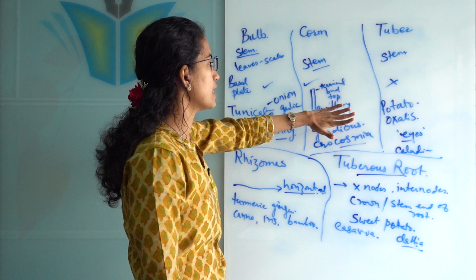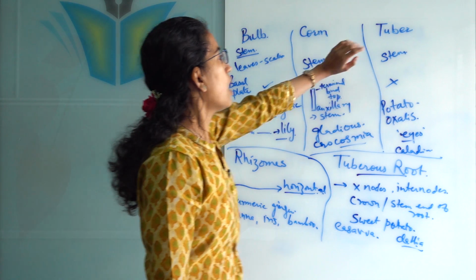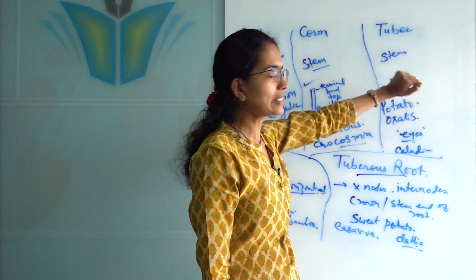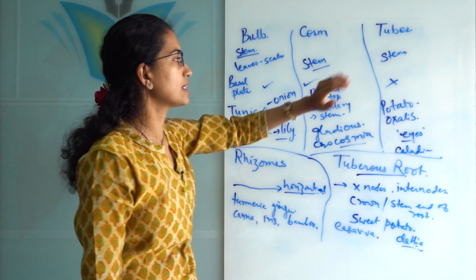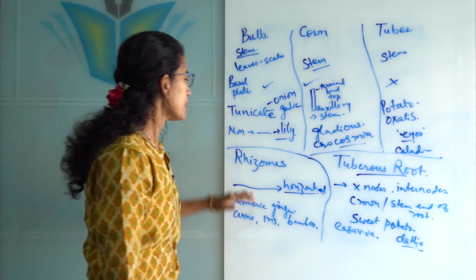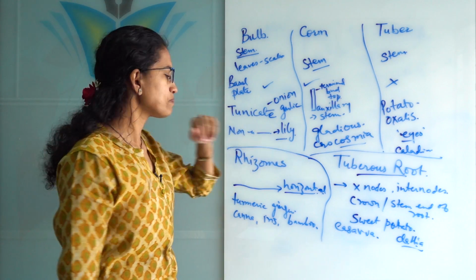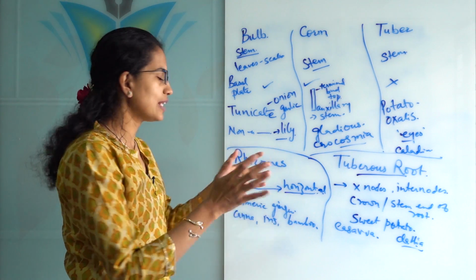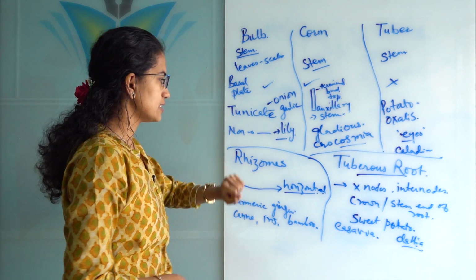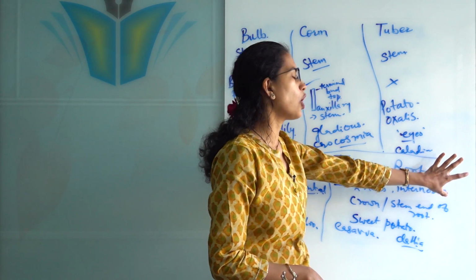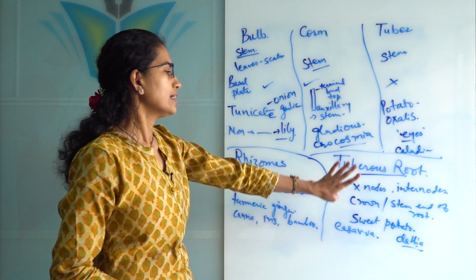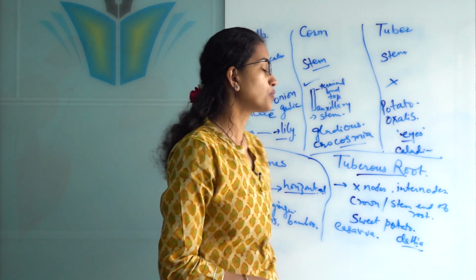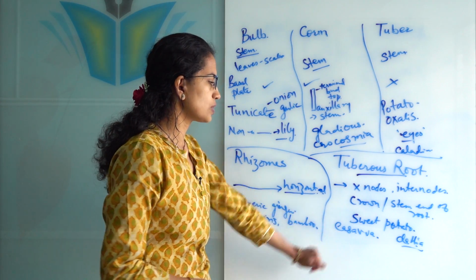They have a terminal bud on the top and axillary buds. Axillary buds develop as a stem. Tuber is again a modified stem but does not have a basal plate. It does have eyes, for example potato. Rhizomes move laterally, they move horizontally, and they have lateral and adventitious roots. Turmeric and ginger are the examples. Tuberous roots do not have nodes and internodes, and they have buds only either at the crown or the stem end of the root. Good examples are sweet potato, cassava and dahlia.